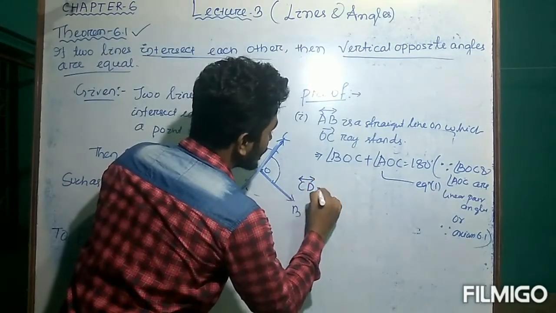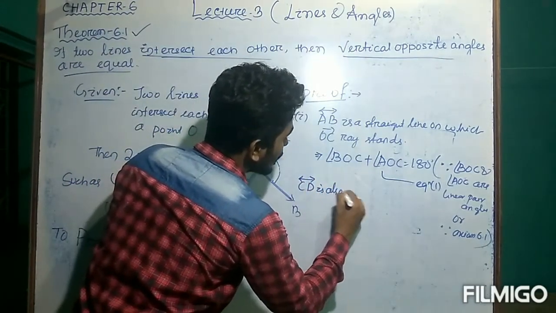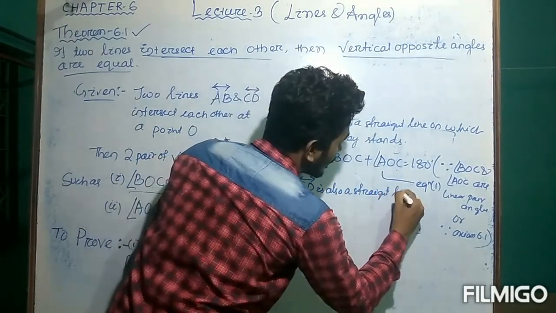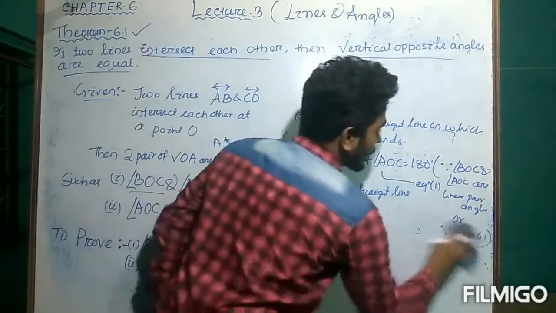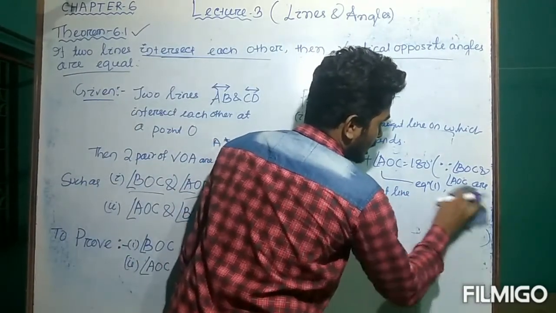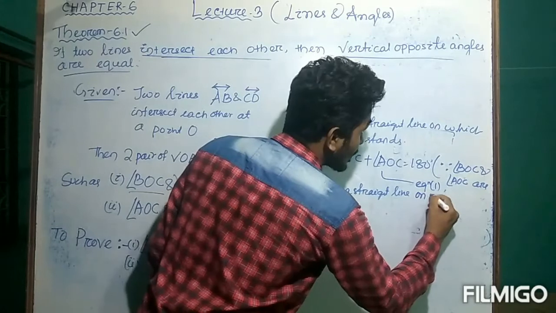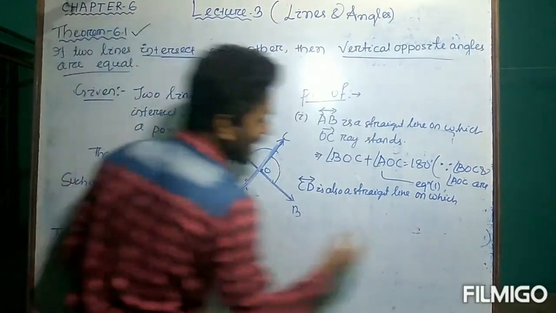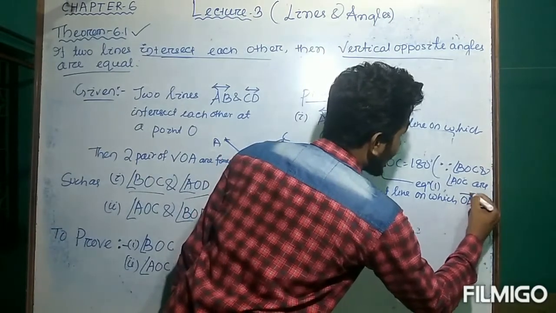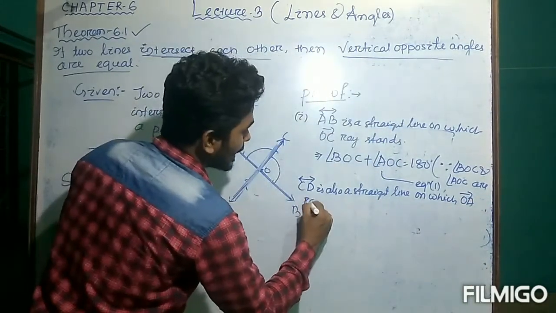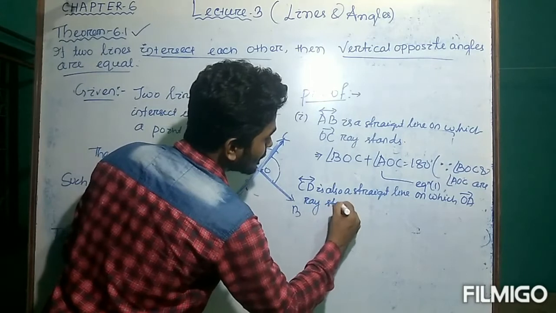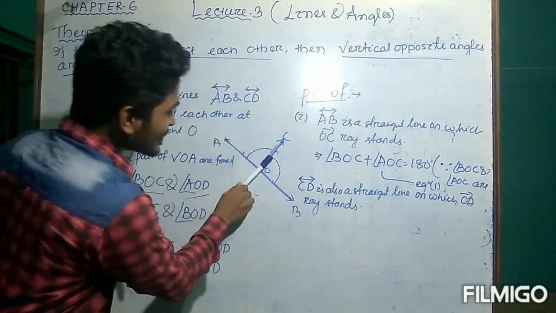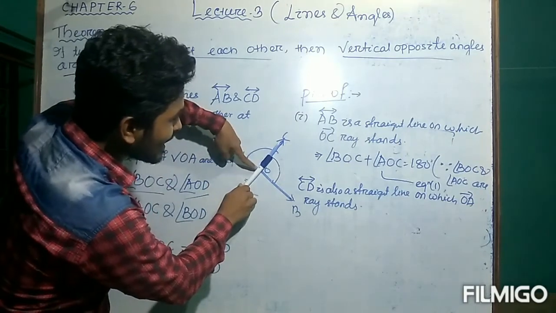CD is also a straight line, on which OA ray stands. So this is a straight line on which this is a ray.